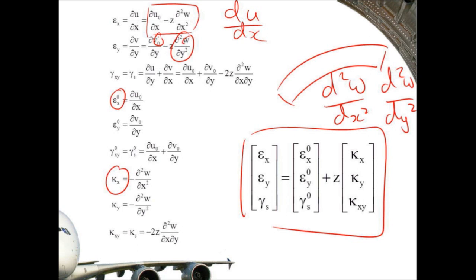If you asked what the curvature of a parabola was, for instance, you would take the second derivative of the function to get to the curvature. It's exactly the same here. These are second derivatives of the position. So we have now completed this step. We've taken the derivative of displacements to get to strains.